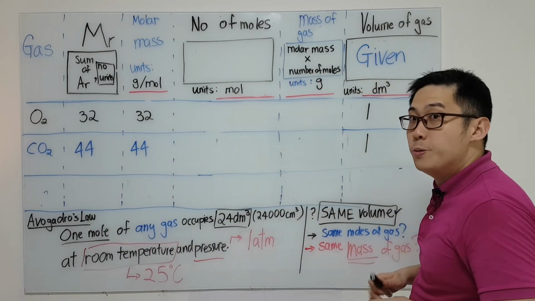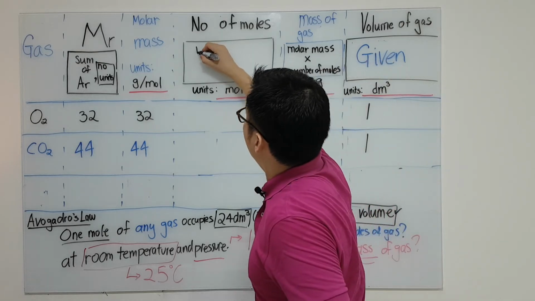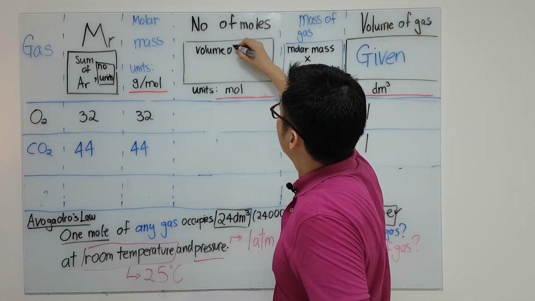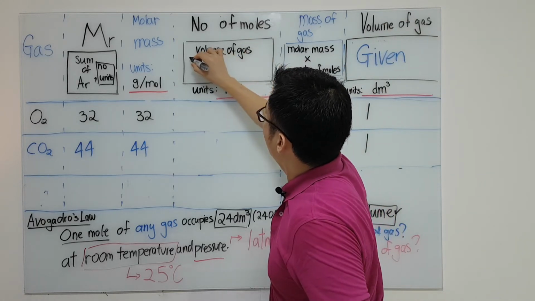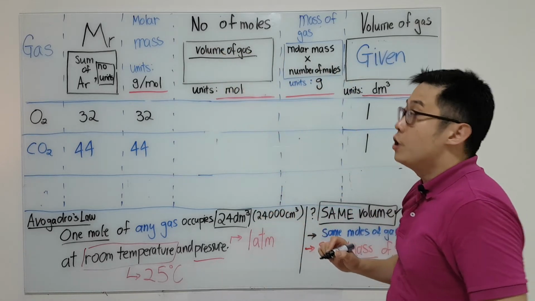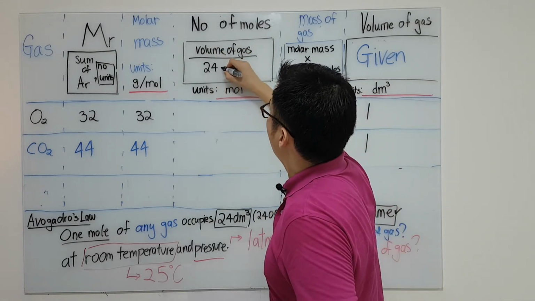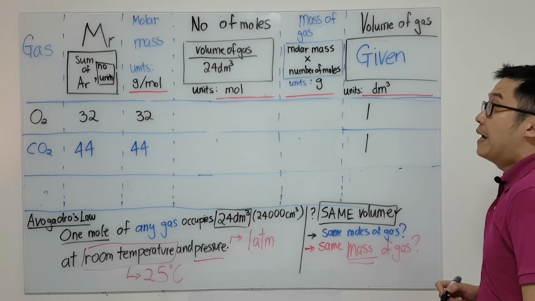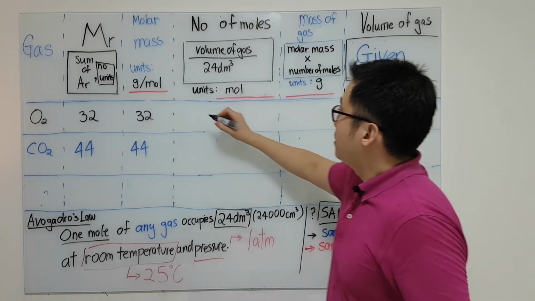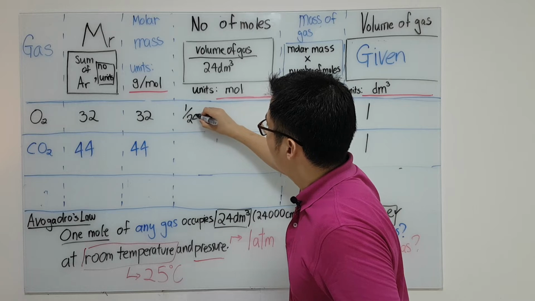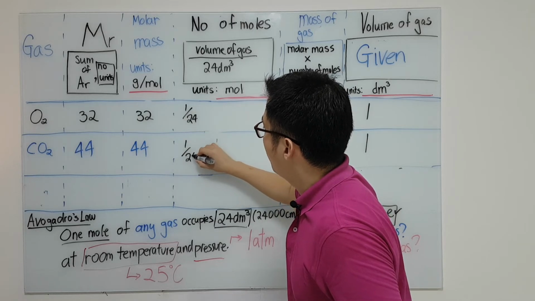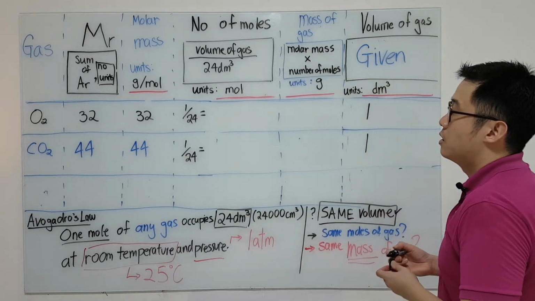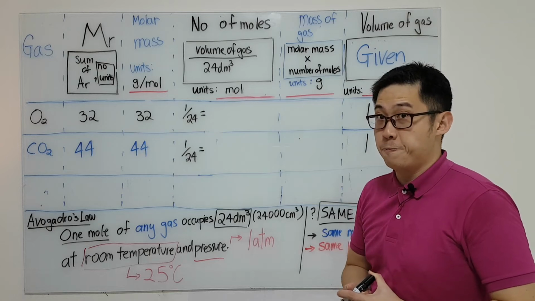The number of moles of gas is found by taking the volume of gas and then dividing by the molar volume, which is 24 dm cubed. Now, if I were to take 1 divided by 24, the number of moles would be the same.